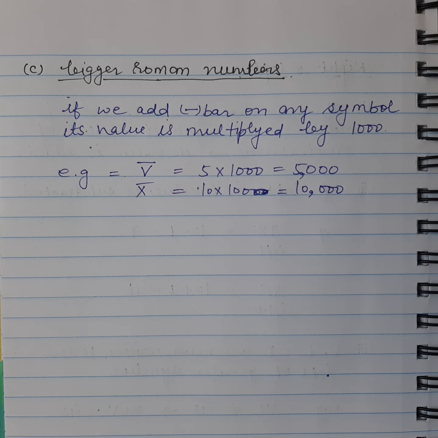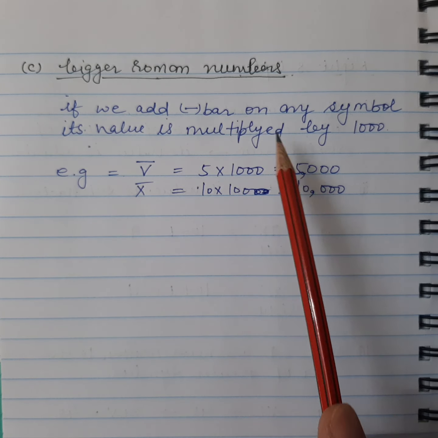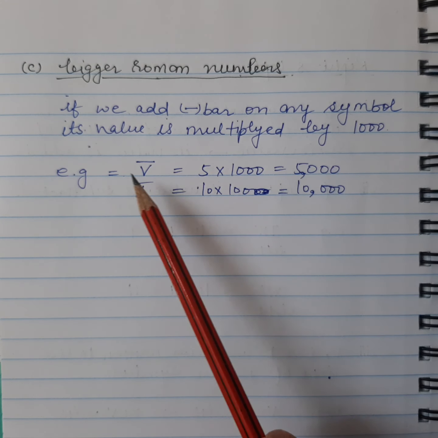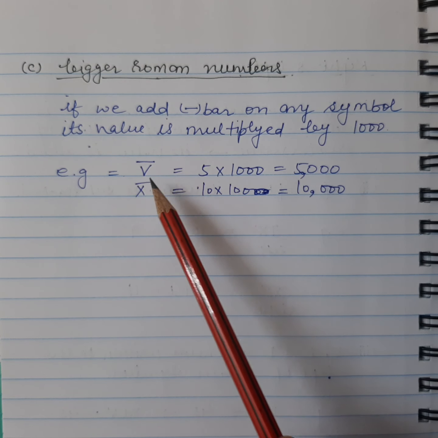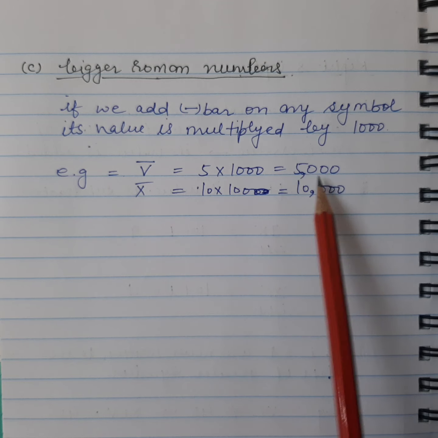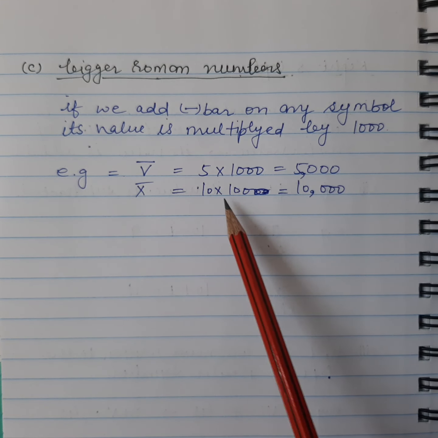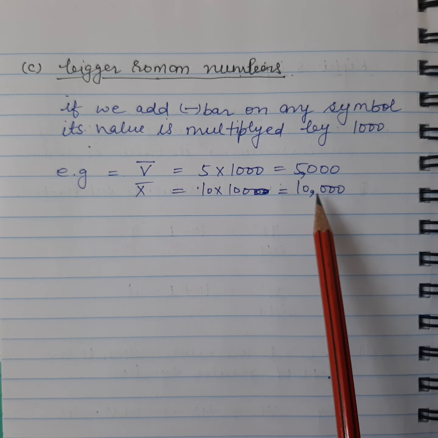Let's see how we can write bigger or larger Roman numbers. If we add a bar on any symbol, its value is multiplied by 1000. For example, V bar will be 5 multiplied by 1000, which is 5000. Similarly, X bar will be equal to 10 multiplied by 1000, which is 10,000.